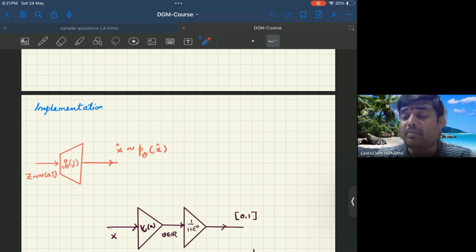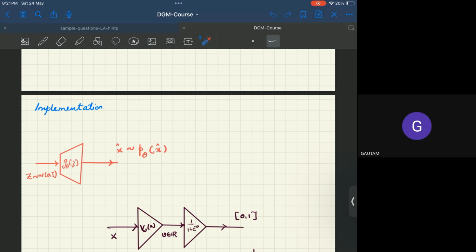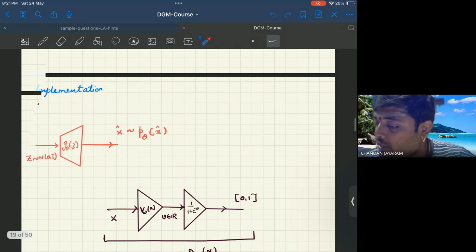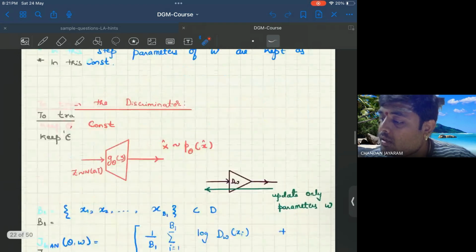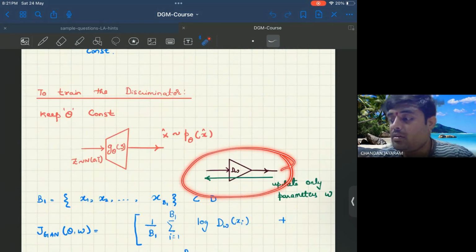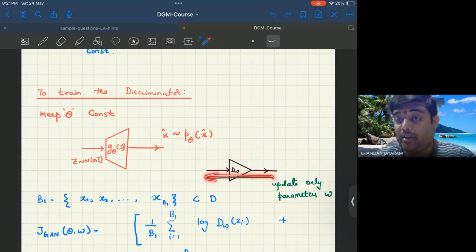At that time the generator will be kept constant, in evaluation mode. Let me go to the diagram. While training the discriminator, you only go till here.